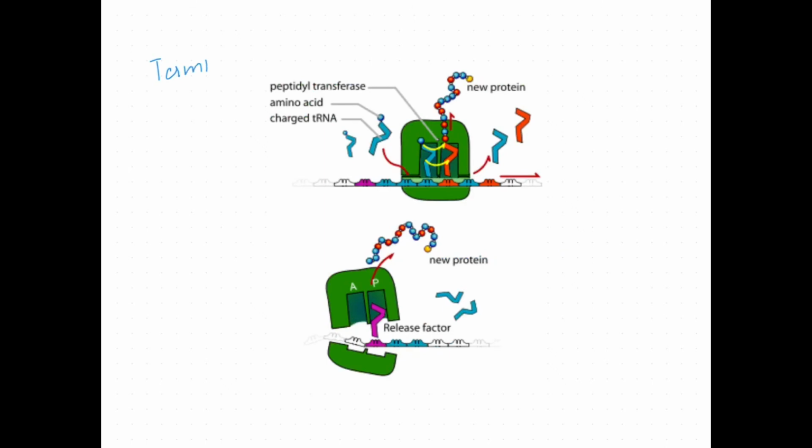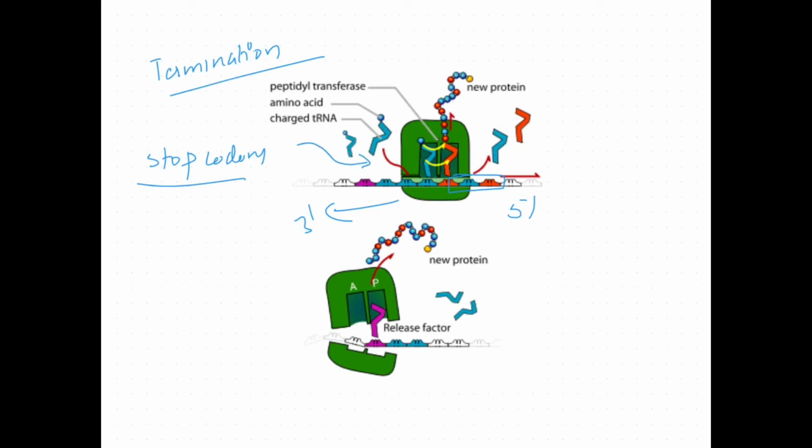Next is termination. There are various codons which do not represent any amino acid. They are known as stop codons. The ribosome complex is moving from 5' to 3'. New tRNA is accepted here, and after formation the tRNA is released through the E site.